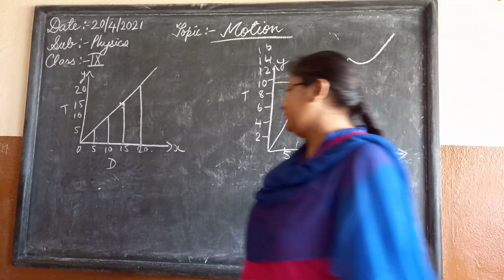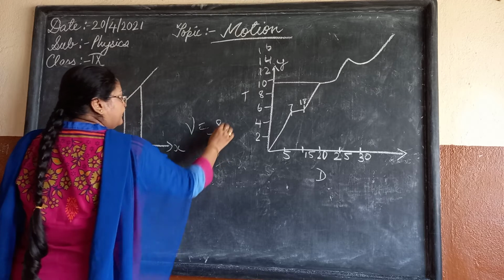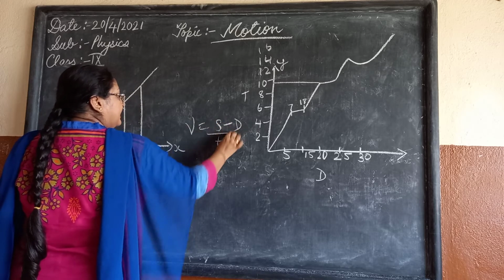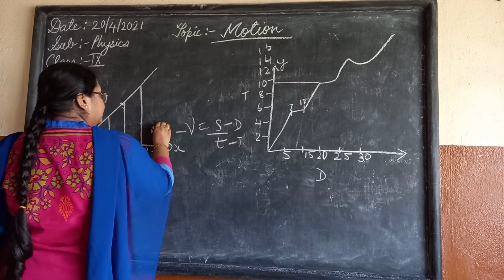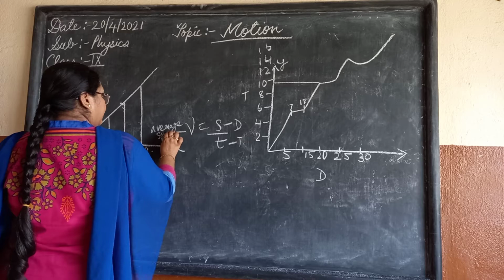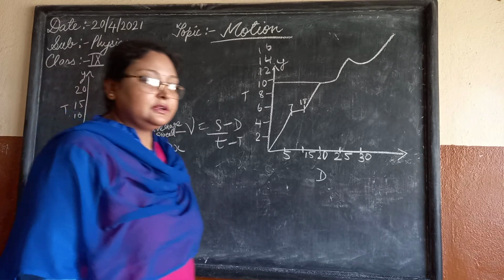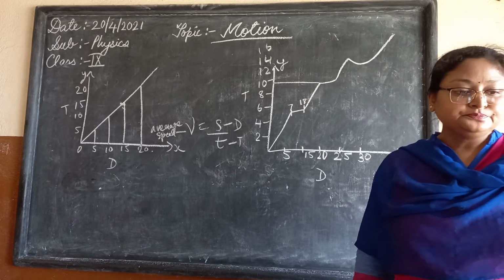So the average speed is given by v equals s upon t, where s is the distance, t is the time, and v is called the average speed. Clear? I think I have made it more clear.